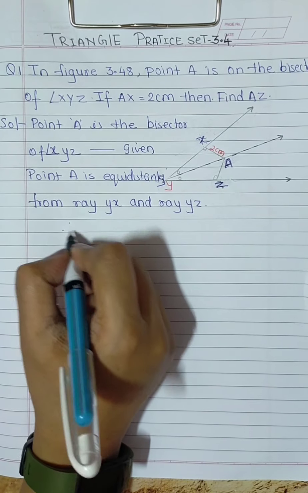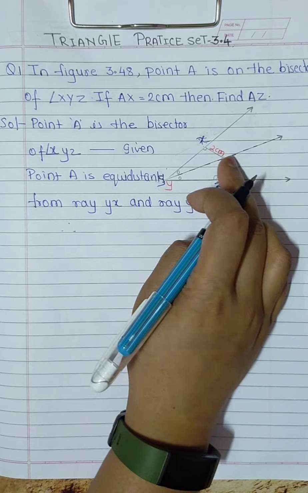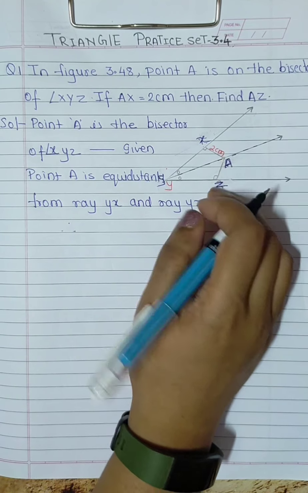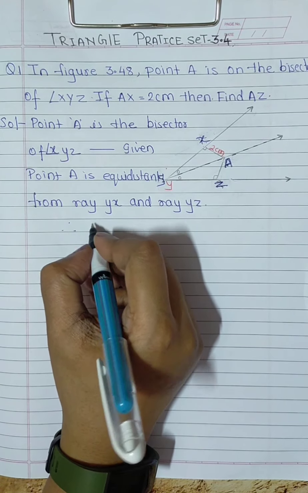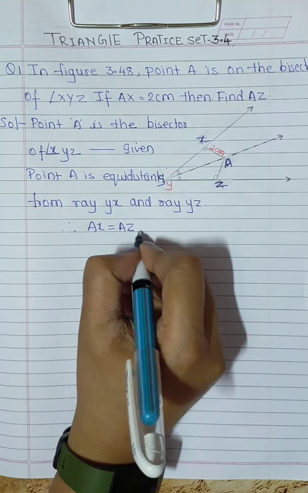Okay, therefore AX is equal to AZ. So line AX is equal to AZ.